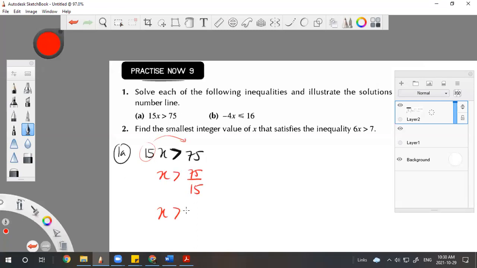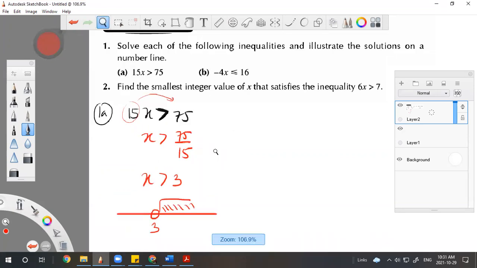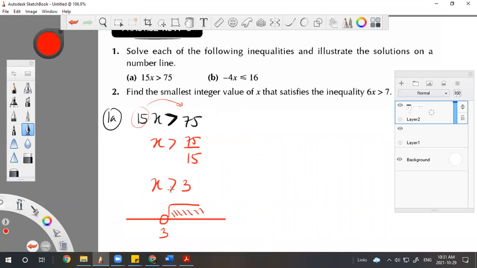So x is more than 3. So how do you illustrate on a number line? Ada number line, ada 3, x-nya ada di sini. Ya. 3-nya nggak boleh ikut, guys. Kenapa? Soalnya dia nggak ada equal sign.